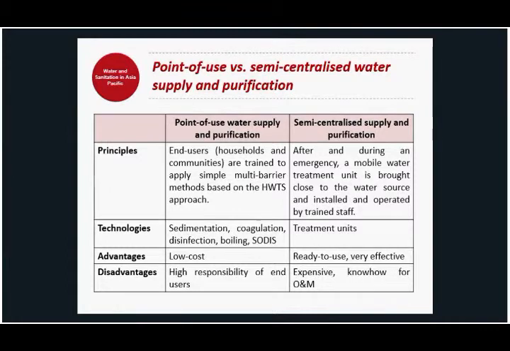And what are the technologies? For the point of use, we have sedimentation, coagulation, disinfection, boiling, and SODIS. SODIS is solar disinfection. In the semi-centralized, the technology is treatment units. It's also similar: maybe you still remember that you have a sedimentation unit, coagulation and flocculation unit, and disinfection units.